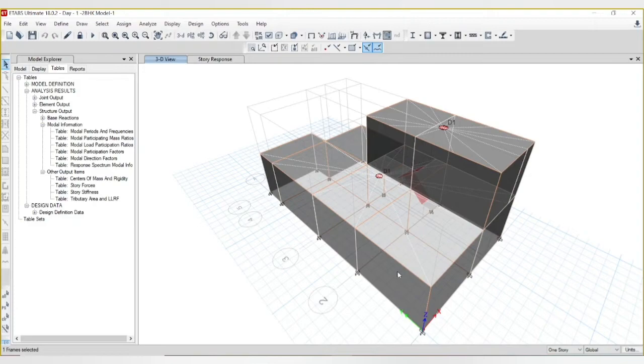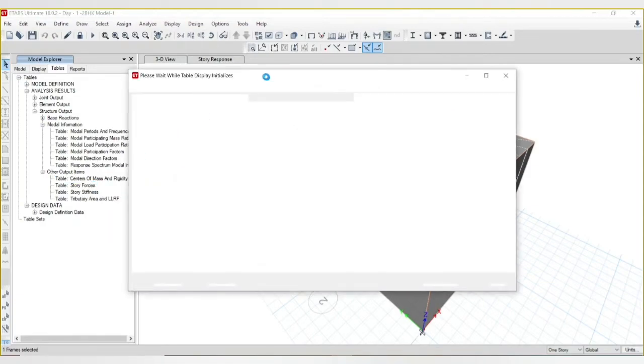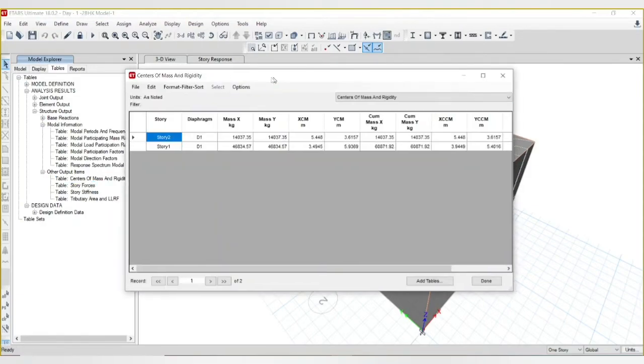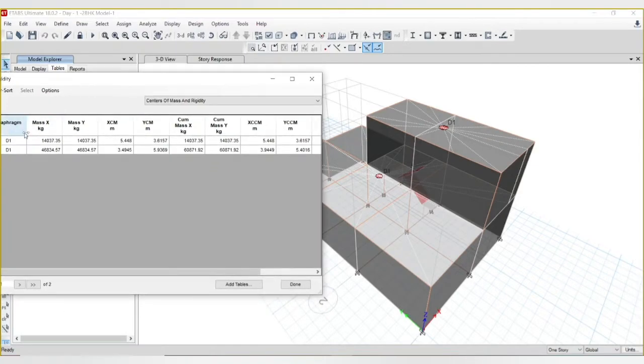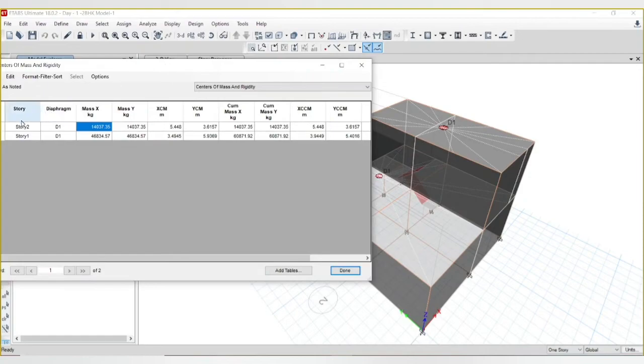Now you can view the center of mass from x and y direction by center of mass and rigidity. The first floor, which is having a mass, total mass of the first floor, this is story 2. For story 2, you will be having a total mass of 14,037 kg, and the first floor is having 46,834 kg.